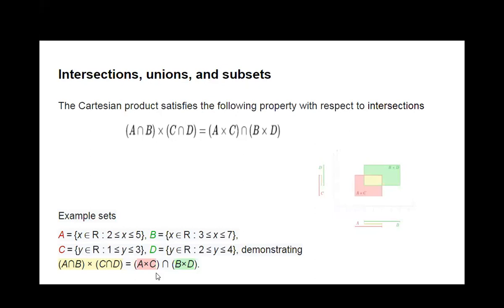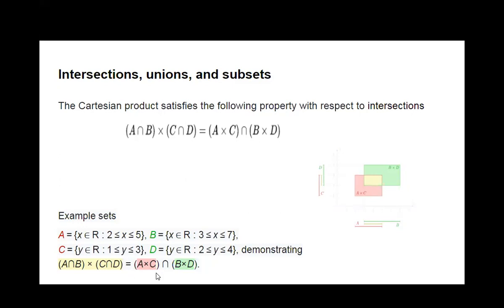Now the intersection of these Cartesian products, A cross C and B cross D, is denoted by yellow color. That is the RHS of our equation given in the slide: A cross C intersection B cross D. The yellow part is the intersection of A cross C and B cross D.